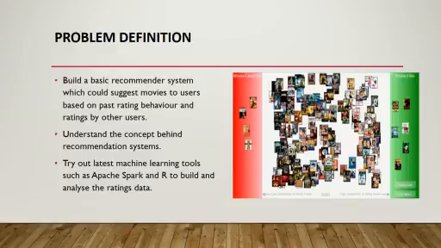My main motive was to understand the concept behind recommendation systems, as well as to try out the latest machine learning algorithms used in Apache Spark using Java, and also do some analysis and build the basic recommendation model in R.